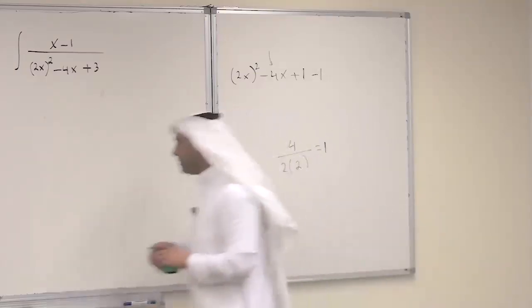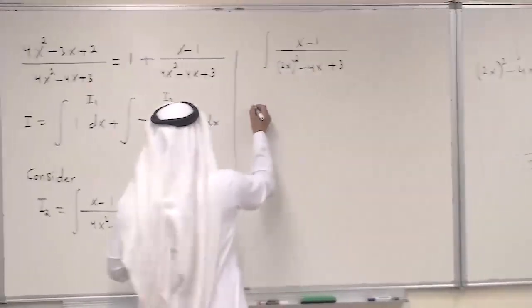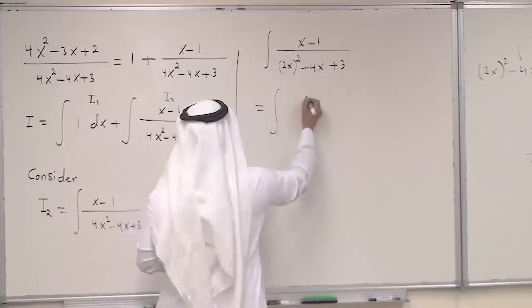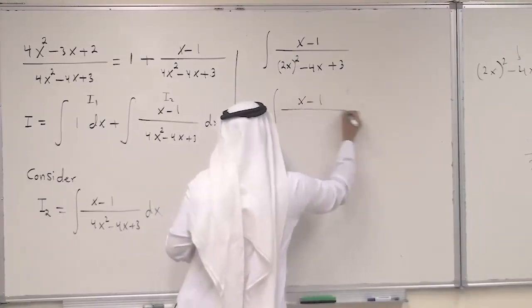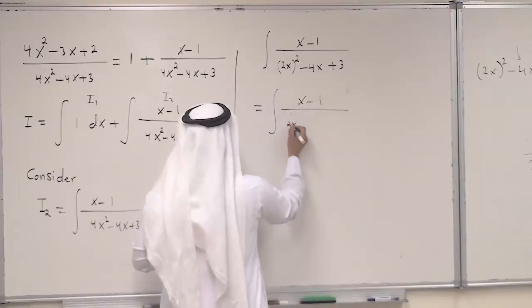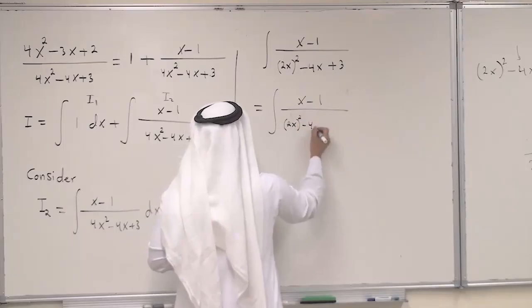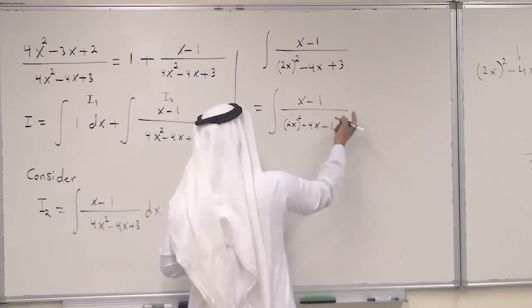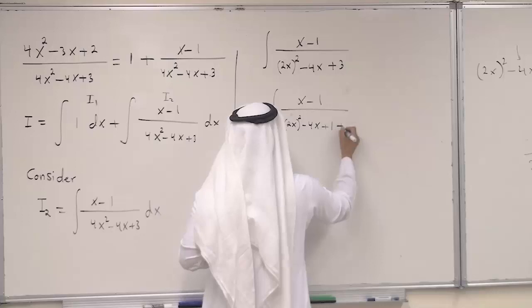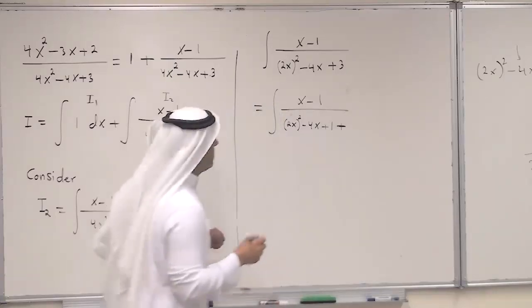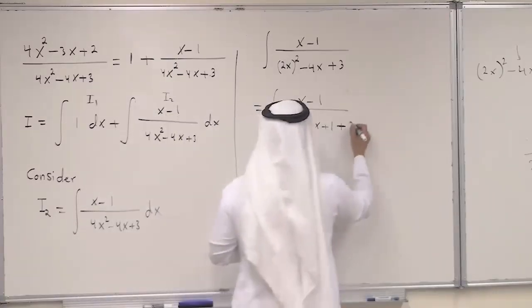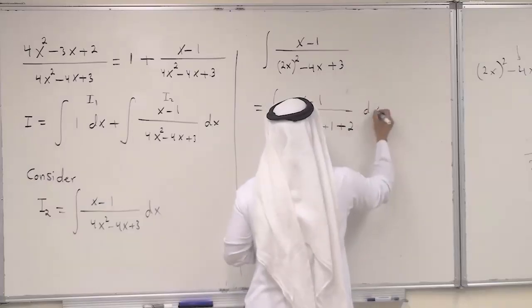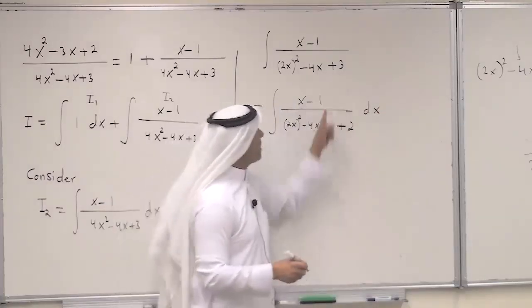Let's come back and see. This is the integral of (x minus 1) over (2x) all squared minus 4x, I need to add 1 and subtract 1, so 3 minus 1 will be plus 2, and that is dx. So actually we just use the 3 to write it as 1 and 2.